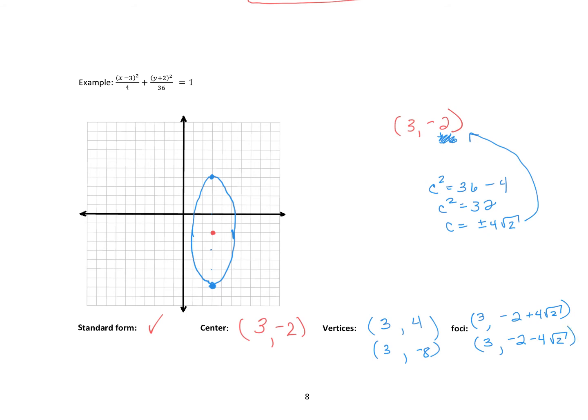So you can find those approximately on the graph. This one here happens to be 3.65. So from the center, 1, 2, 3.65 would be here and about here. Those are our foci, always on that major axis.